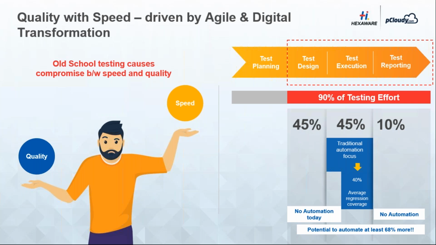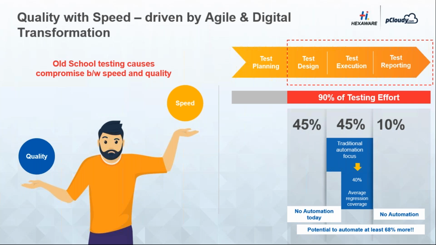And if you look at what options we have to address this quality with speed, which is a need of the hour, especially considering agile and digital transformation being the drivers of delivering quality with speed, that's where we as an organization started looking at how do we achieve this. What are the options that we have, and what are the levers that we can actually bring in?